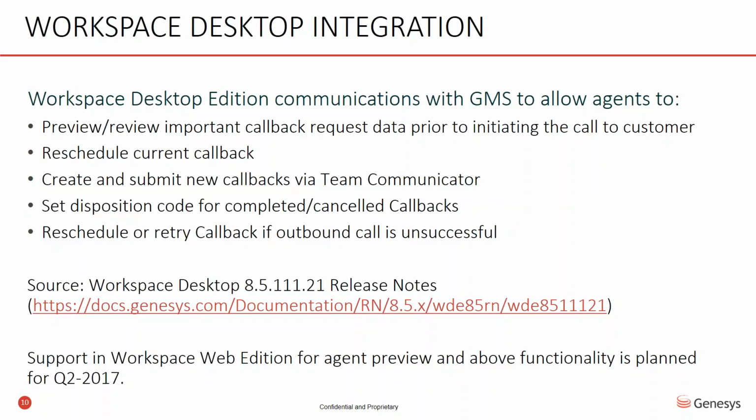The agent knows that here's the caller's information. They're waiting, and then I dial the customer, right? So in essence, I'm going to reserve the agent, get them connected, and then reach out to the caller, get connected, and bridge the two, right?